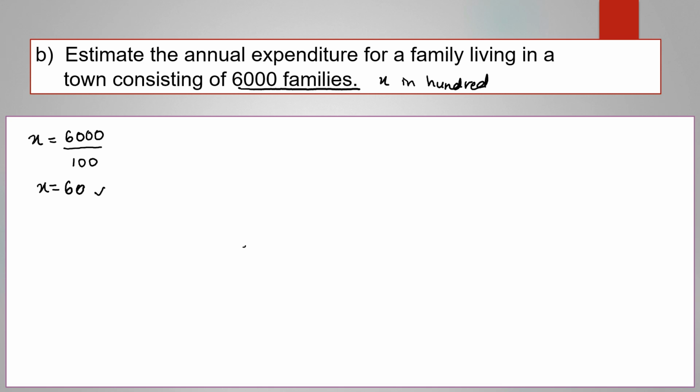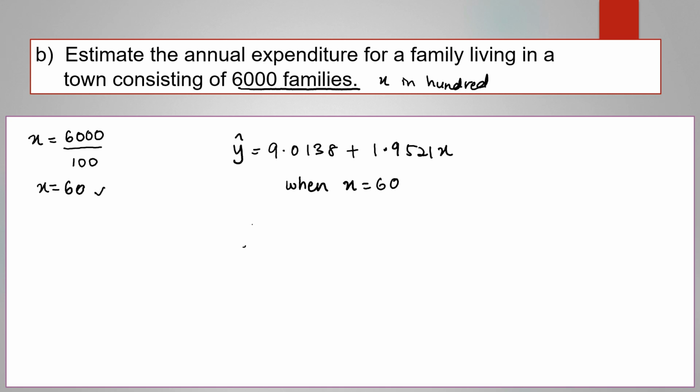And then our linear regression is Y hat is equals to 9.0138 plus 1.9521x. So here what we should do is we need to substitute when X equals to 60 into the regression line.